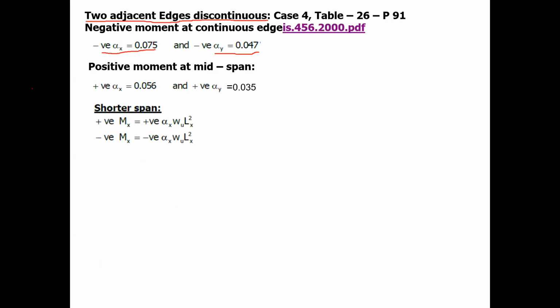You have a formula: positive bending moment Mx is equal to alpha x into W into lx square. So substitute, you have all the values, and calculate the moment Mx.